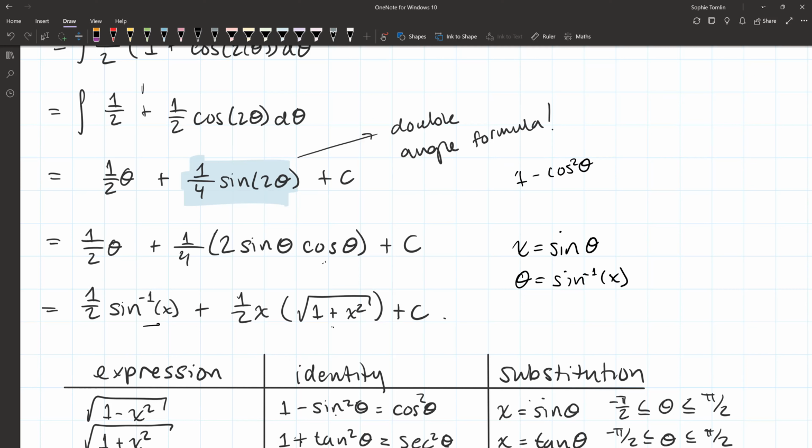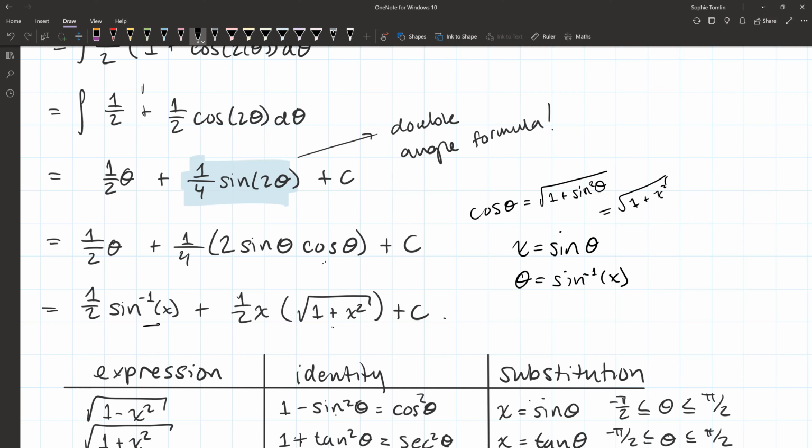Where am I going with this? If we have cos theta, that's going to be, oh yes, here we go, 1 minus sine squared of theta. And then we have x is equal to sine. So then we have our square root of 1 minus x squared.